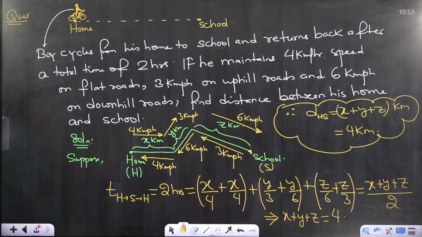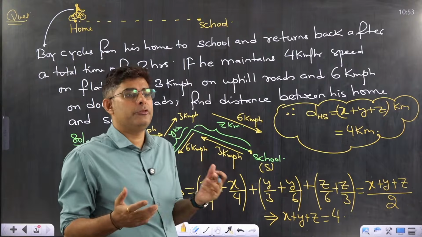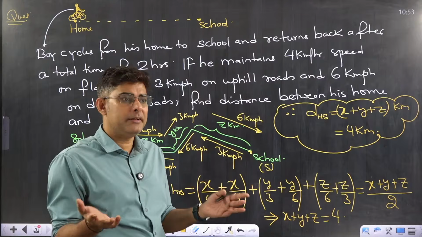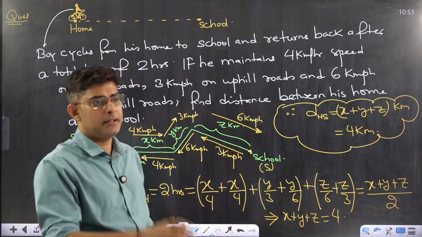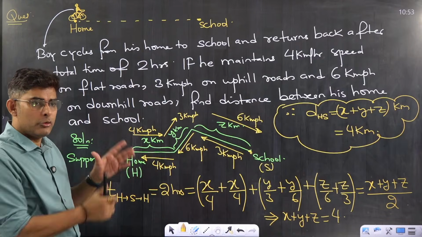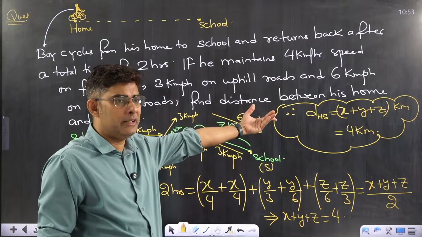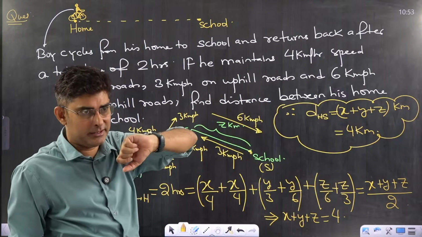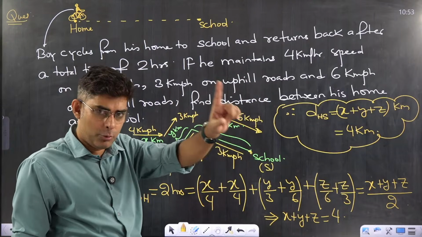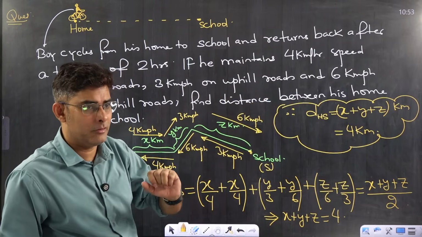Never be afraid of taking variables; if nothing is given, assume, and you will get your answer. And you took the screenshots also. Definitely 1 or 2 examples more we will see in the next class, and then we will move to uniformly accelerated motion. Don't worry about that, beta.